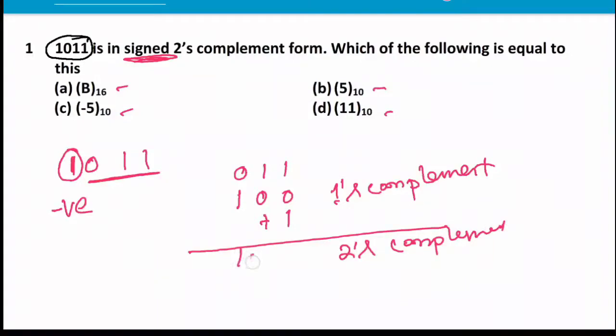What will be this? 101, this is 5 and this is negative of 5. So here option C is the correct answer, and B in hexadecimal is equal to 10 in decimal, and 5 is not equal to that 1011 because this is in signed 2's complement form, and this is negative 5.